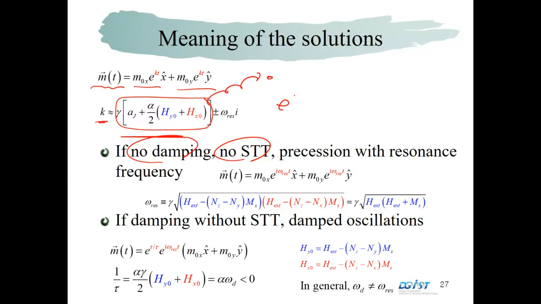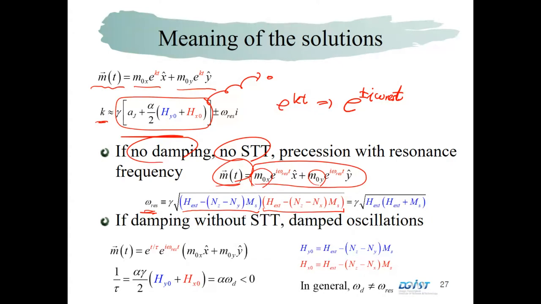So that means KT gives us exponential plus minus i omega resonance t. What's the meaning? The magnetic moment M has a small oscillation with the magnitude of M0x and M0y. And this resonance field is the geometrical average of these two field terms.